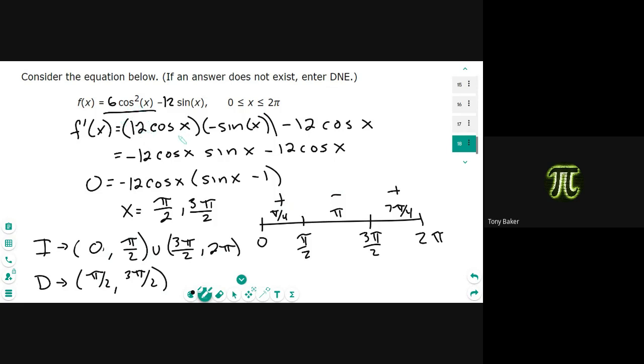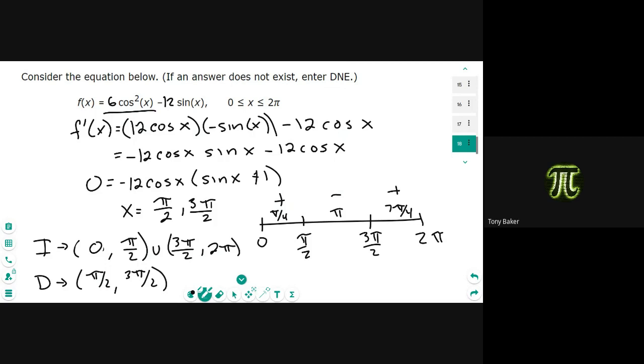That's 12 cosine x times negative sine x. That's fine. That's negative 12 cosine x. Oh, there's the mistake. That should be a plus 1. That's the mistake.